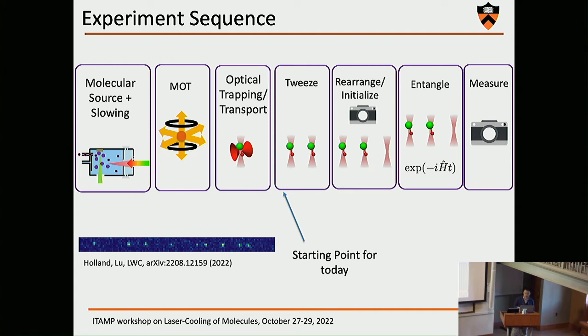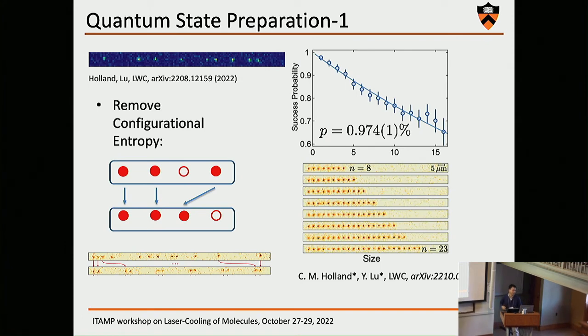So the first thing we want to do is try to control the initial state better. And there's two aspects to it. The first one is that we want to remove all configurational entropy. So we want to deterministically have molecules at the right places.